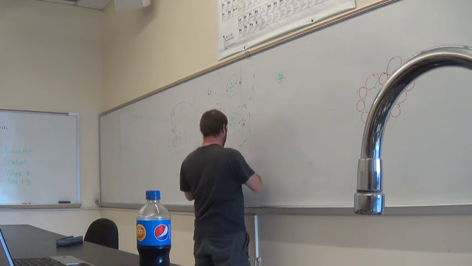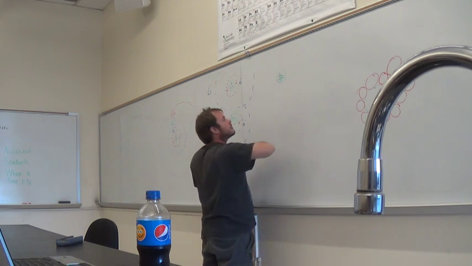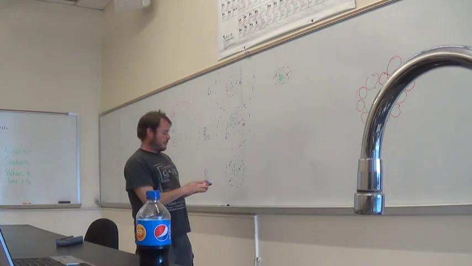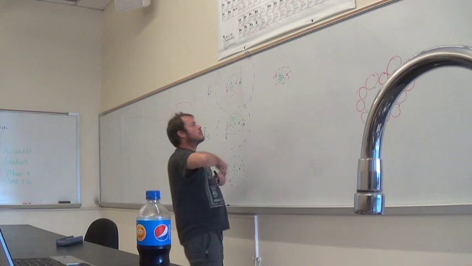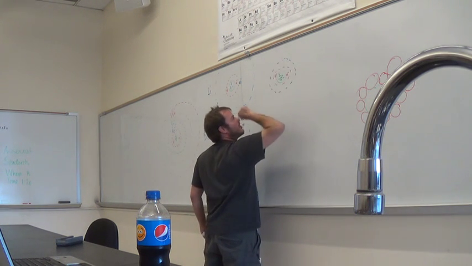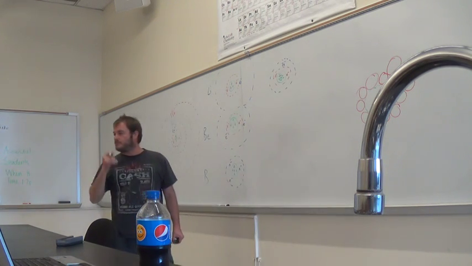This guy here. A couple electrons here. And now you've got a really, really tiny and contracted second shell that's got 7 electrons in it.